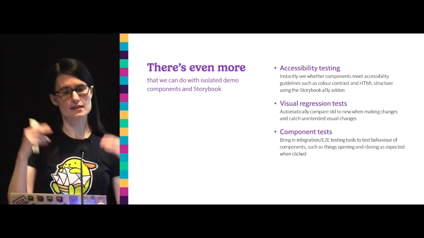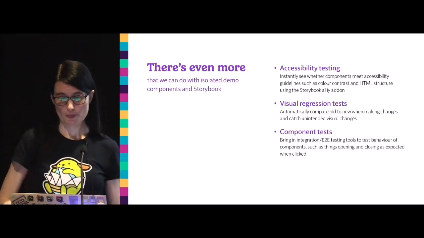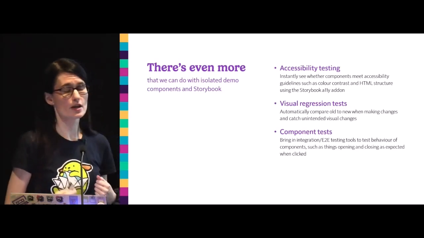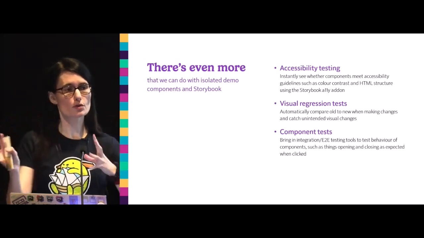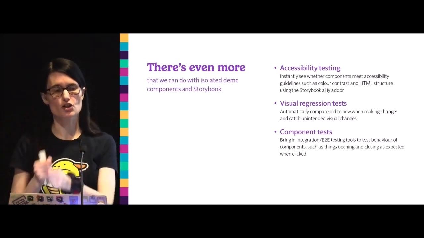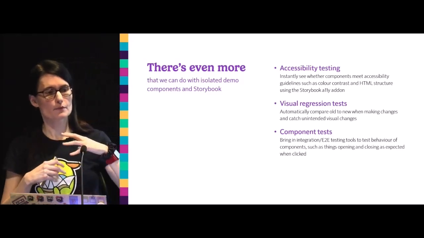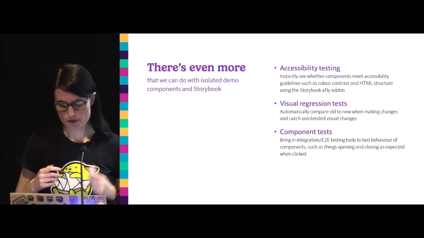We can run them against our standalone versions of each individual component. We can run visual regression tests, which are really good on bigger websites, where it will compare the old to the new. So if you've made a small change, it will hopefully tell you if an unexpected change has occurred in another component.